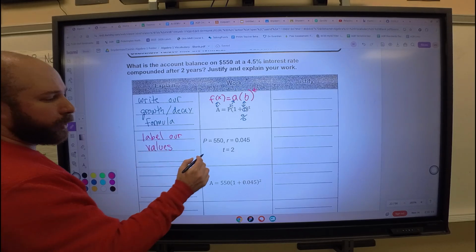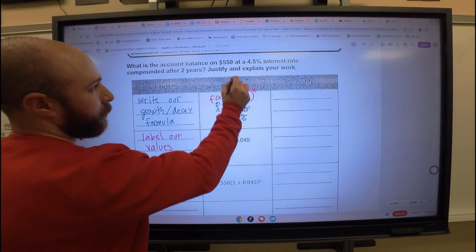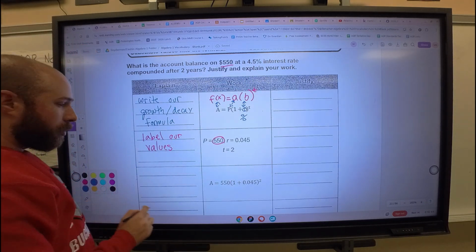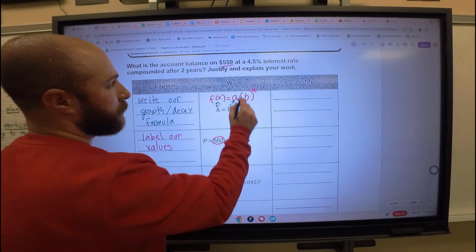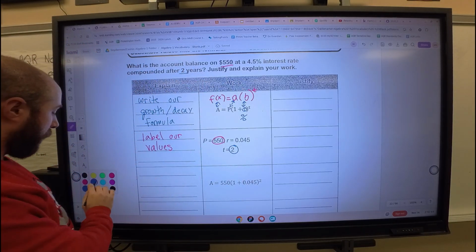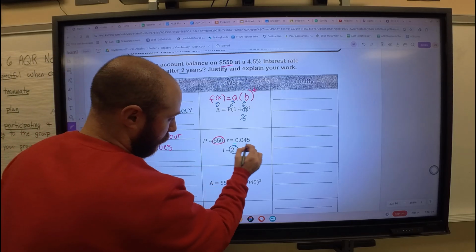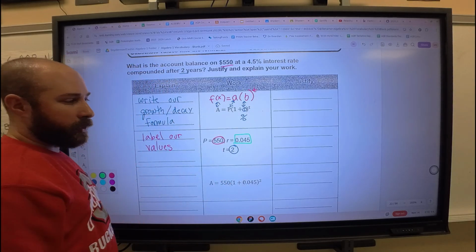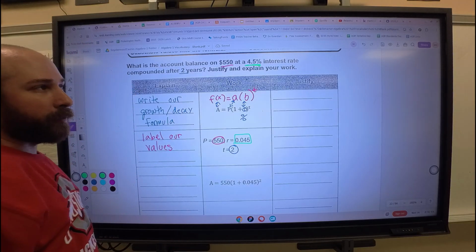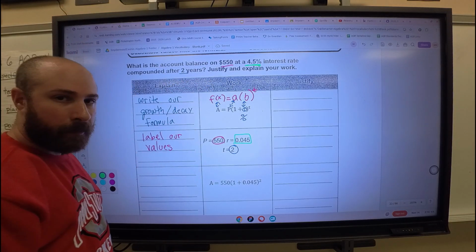If we take a look here, we can see where the 550 comes from. That's the initial amount, the $550. We can see where the 2 comes from. That's the 2 years that we're going to leave the money in the account. Now, this number, 0.045, is similar to the 4.5%, but it's different.